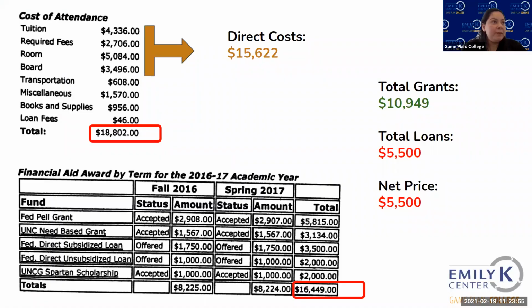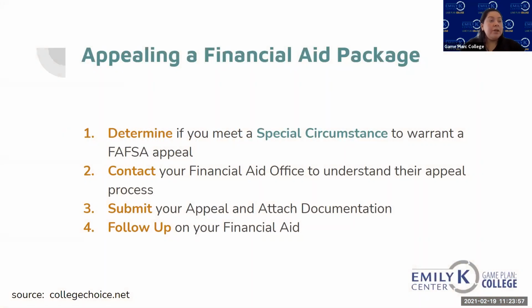So going back towards that, you want to first determine, do you have a special circumstance to warrant an appeal of your financial aid? If so, say the FAFSA year that they used, your parents made a lot of money, but then due to COVID, your financial circumstances have changed.